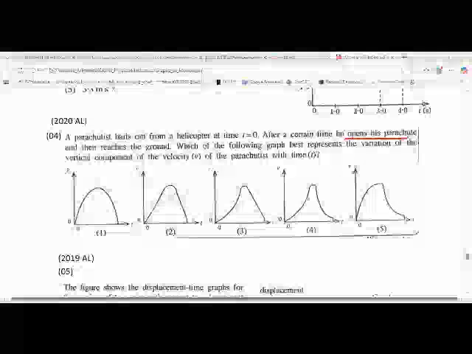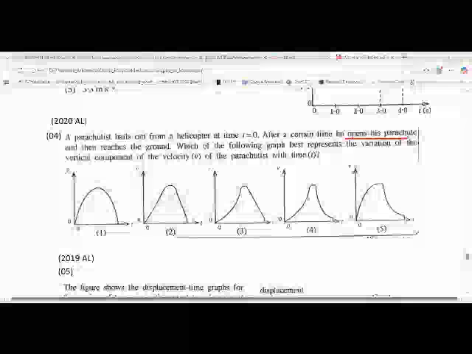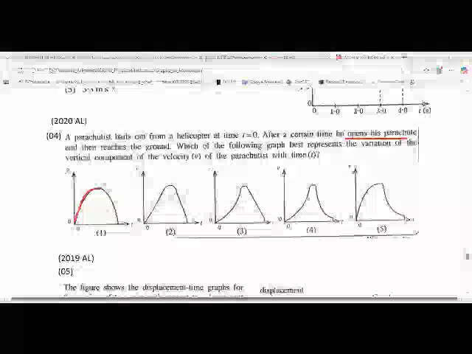If we jump out of the helicopter, its motion should be acceleration. Then here, what type of motion is it? It's a deceleration because the inclination is decreasing, the gradient is decreasing. Then we can reject this.